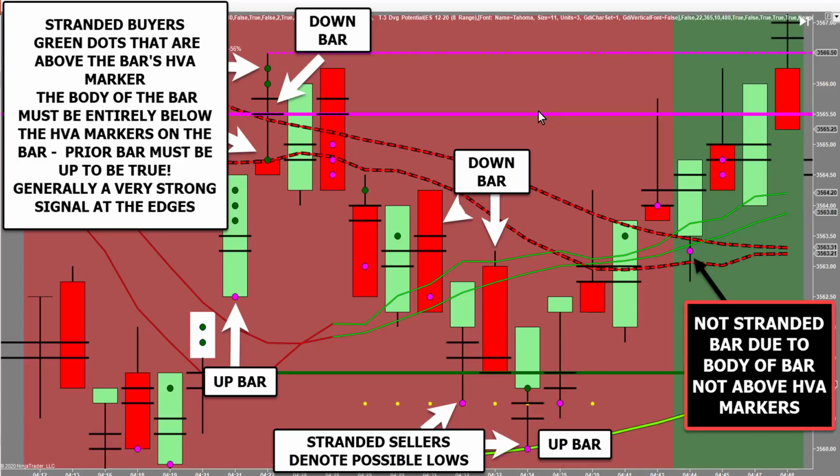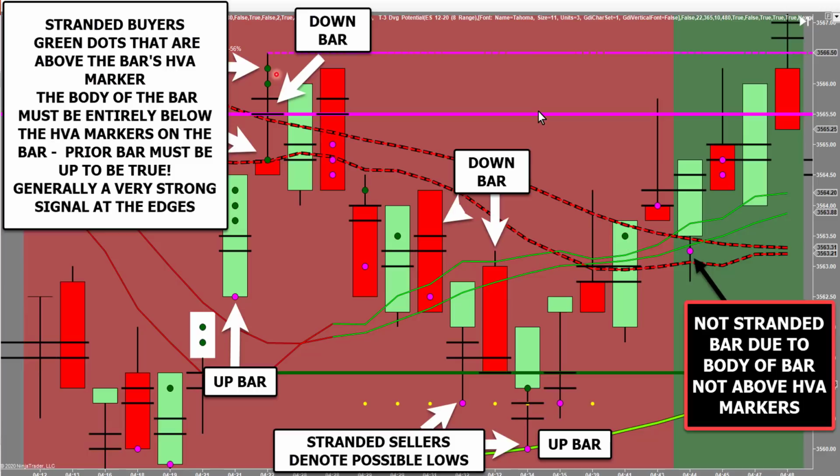The next pattern that we're going to look at with the market flow is stranded buyers or sellers. A stranded buyer is essentially an antenna bar. It doesn't have to quite be a full antenna bar. Usually the body of the bar is below the high volume line. But it represents a lot of buyers that got left out in the cold when the market reversed to go the other way.